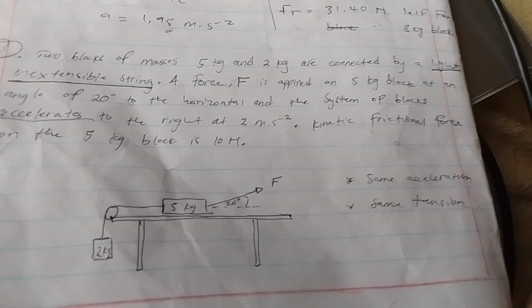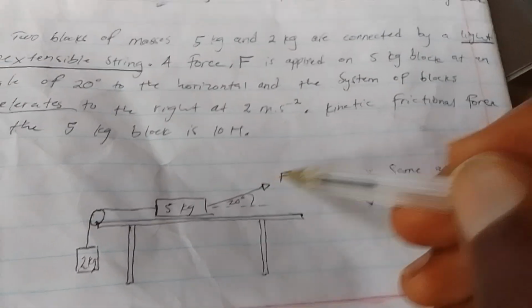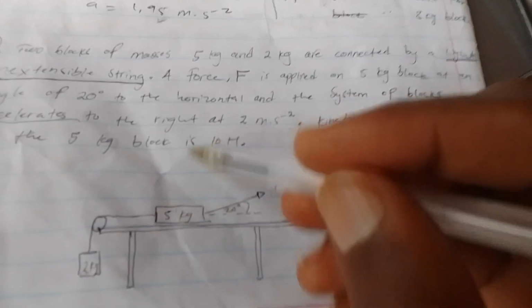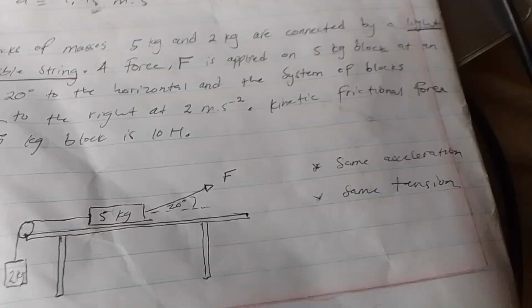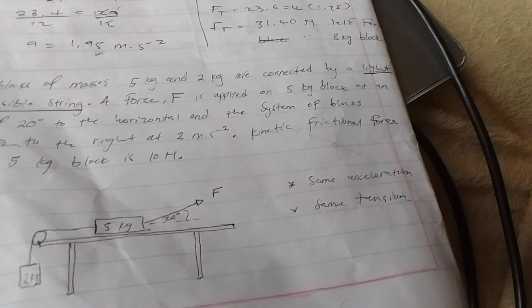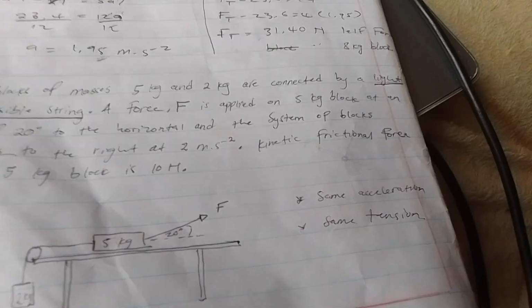When we are required to draw free body diagrams, don't include the components or the forces that are already given. We have a force applied, and also the normal force. The normal force is exerted by our surface on our object, so it will always be perpendicular to the surface.